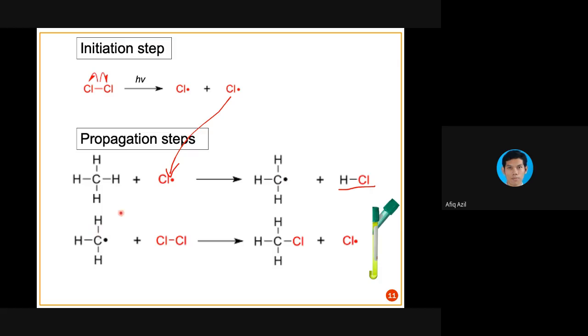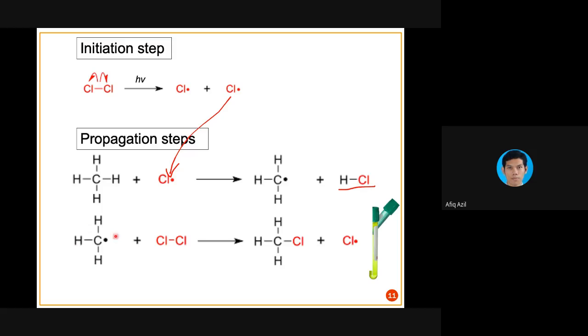After that, this carbon free radical, the free radical is a very reactive species. That means when it becomes a free radical, it is very reactive and prone to react. It's not stable, so it prefers to form more stable structures.